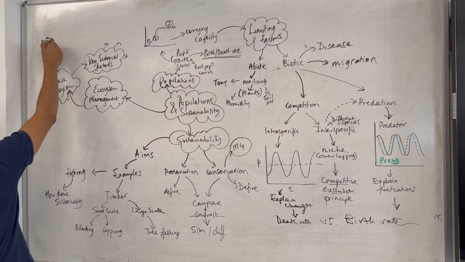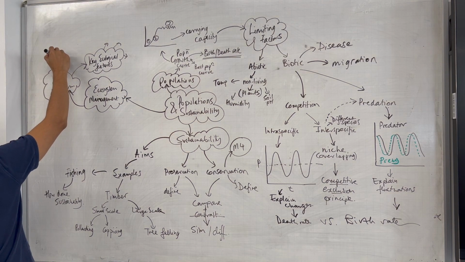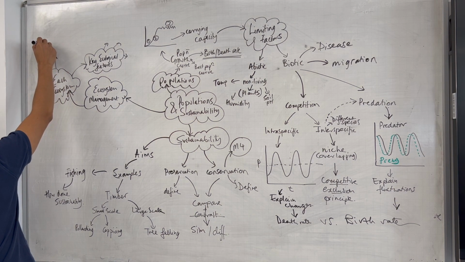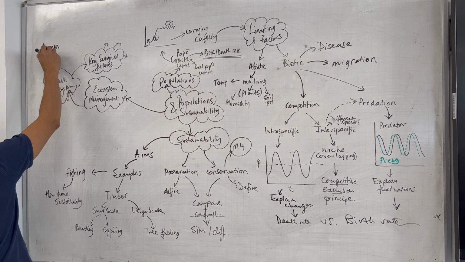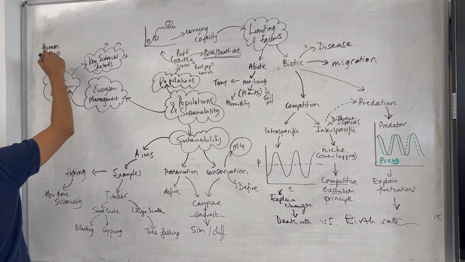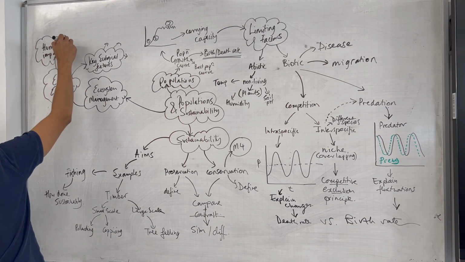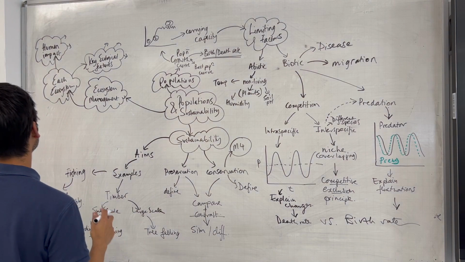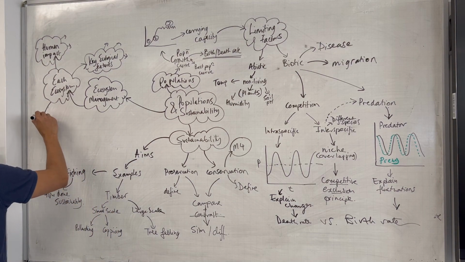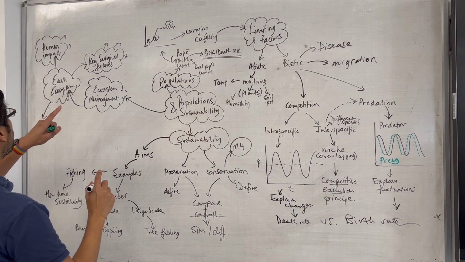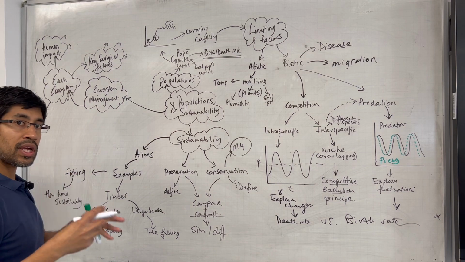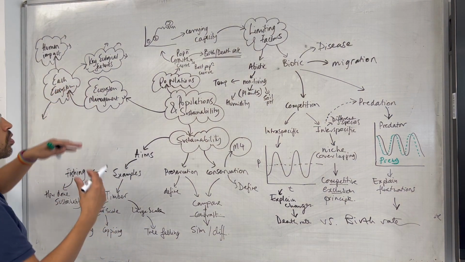Human population growth. So, what has been the human impact on the ecosystem? Again, each ecosystem, know some points. Next, if there are indigenous populations, what's the conflict there?